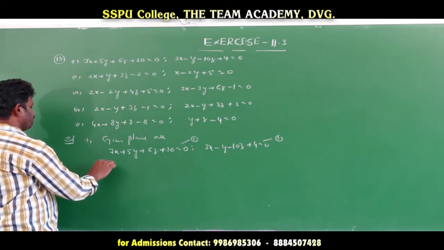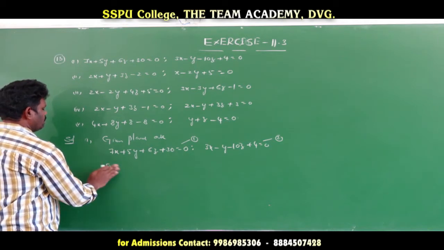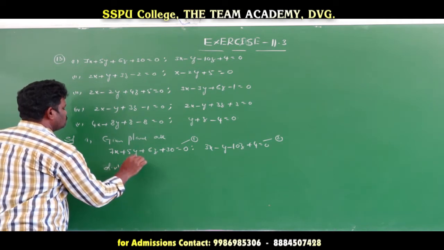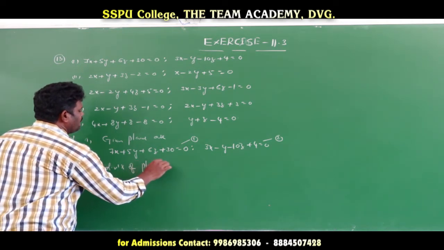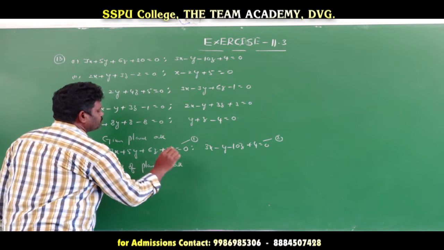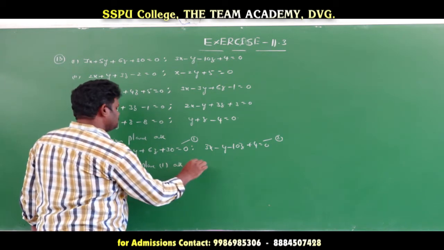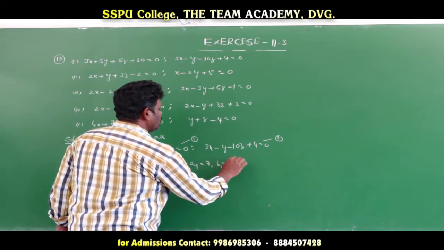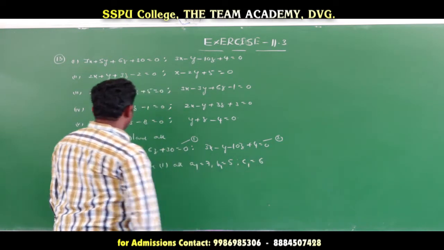So the direction ratios of plane 1 are A1 is equal to 7, B1 is equal to 5, C1 is equal to 6.